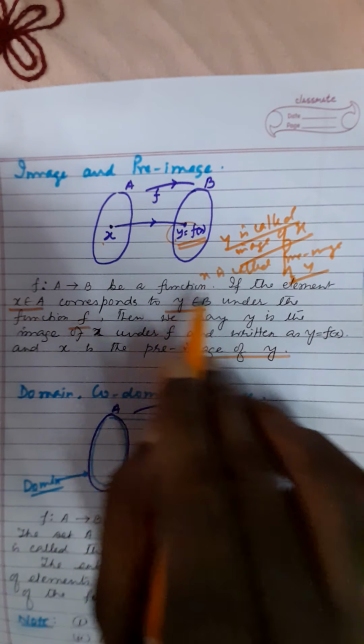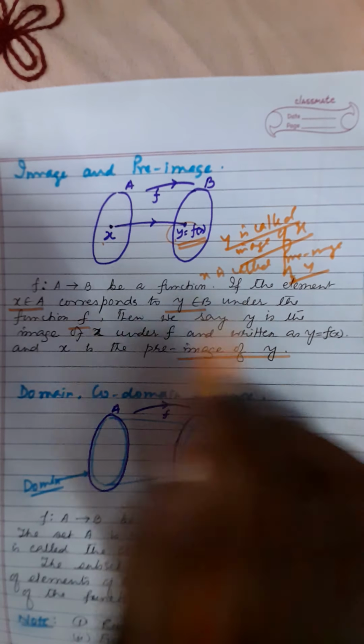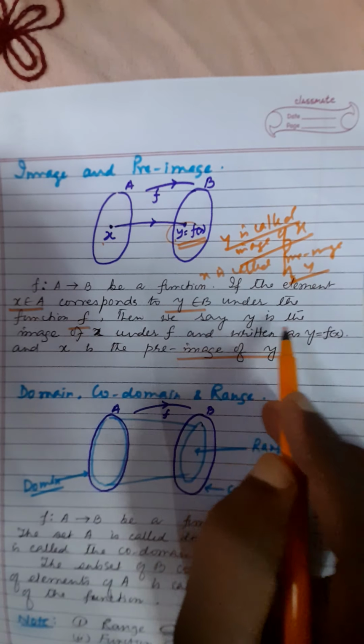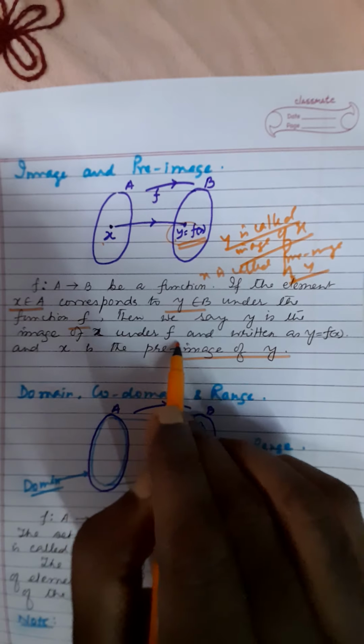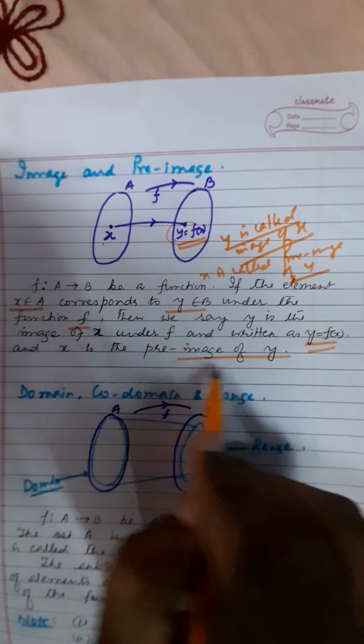If f: A to B is a function, and the element X belonging to A corresponds to Y belonging to B under the function f, then we say Y is the image of X under f, written as Y = f(x), and X is the pre-image of Y.